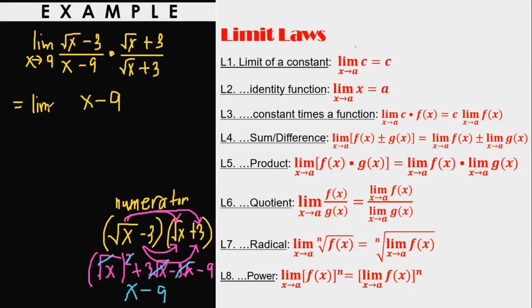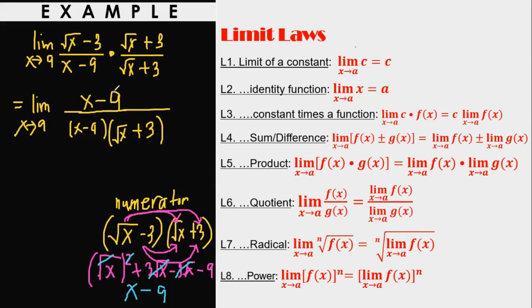Okay, x minus 9. So, wag nating kalimutan yung approach as x approaches to 9. Over, this will become, we will just copy the denominator, that is x minus 9 and square root of x plus 3. Okay, ayan.